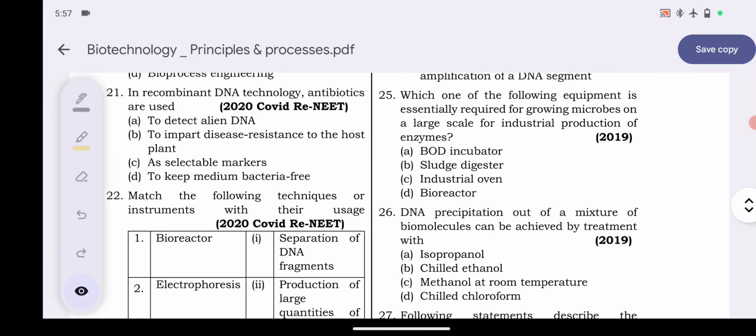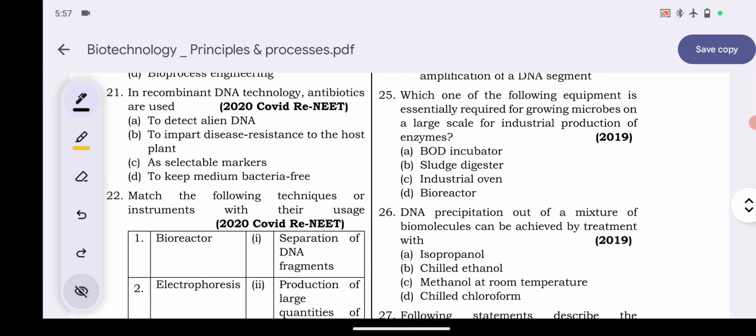Question number 21. In recombinant DNA technology, antibiotics are used: option A, to detect alien DNA; option B, to impart disease resistance to the host plant; option C, as selectable marker; and option D, to keep the medium bacteria free.